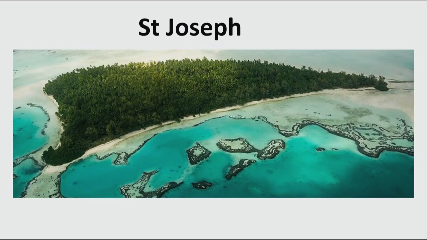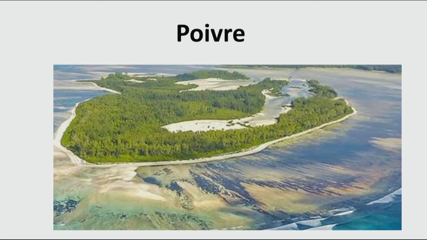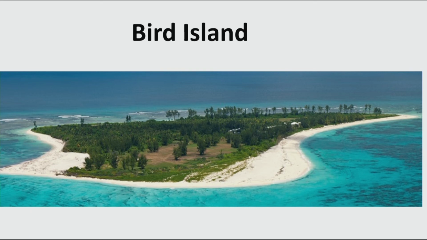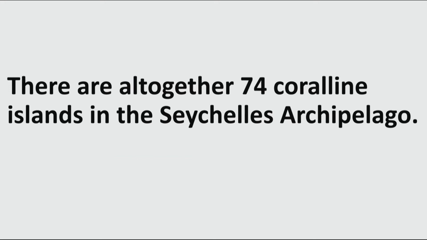We have this one, Saint-Joseph, Poivre, Daros. Okay, all these are Coralline islands. We can see that they are flat, no mountains at all. And we have the famous Bird Island as well. There are altogether 74 Coralline islands in the Seychelles Archipelago.